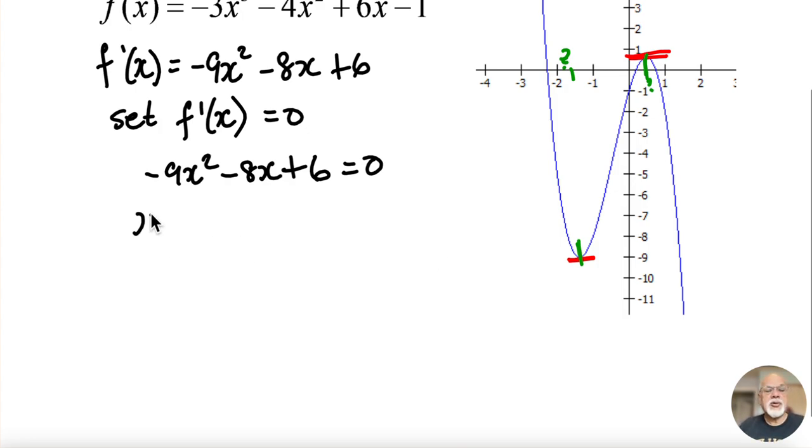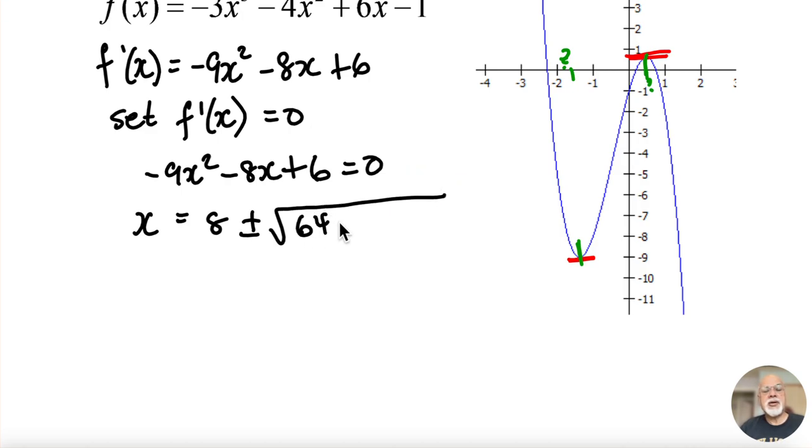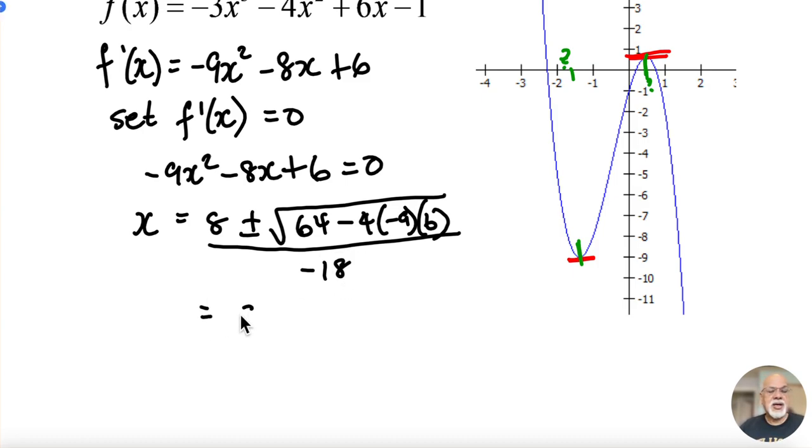So using the quadratic formula, x is equal to minus b plus or minus the square root of b squared minus 4 times a times c, all over 2a, which would be negative 18. And that ends up being 8 plus or minus the square root of 280 divided by negative 18.